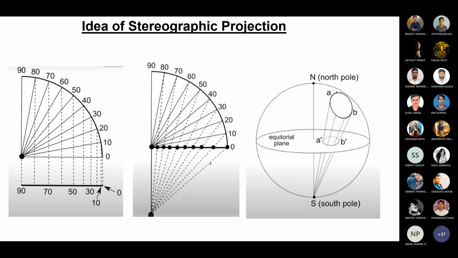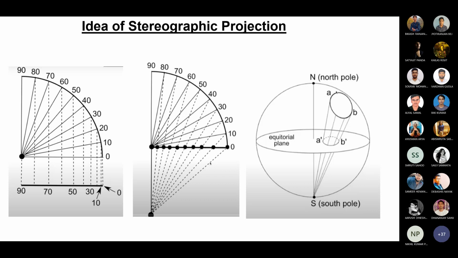If you look at the third figure, this is the AB circle. If you look at that AB circle on the surface of the sphere, the projection in the equatorial plane is also a dot b dot. This is the surface, and this is how the projection has been done. Now all the points on the perimeter of the small circle AB are connected through the equatorial plane to the south pole, and then all the points which are the projections by this method on the equatorial plane are connected to draw a dot b dot.